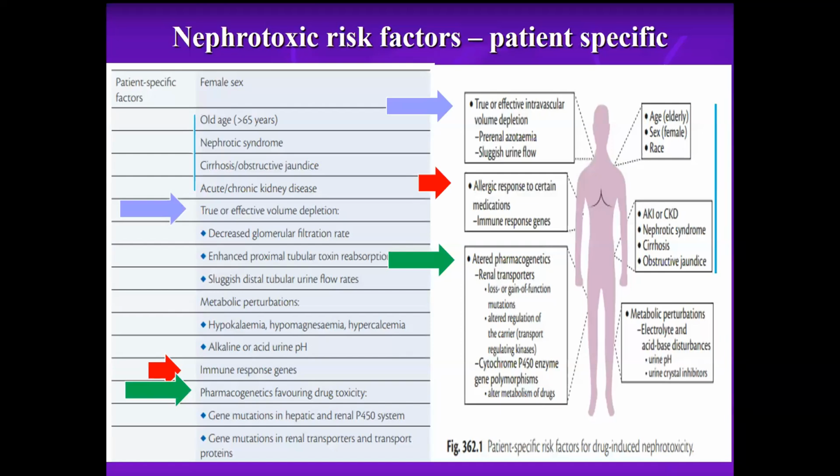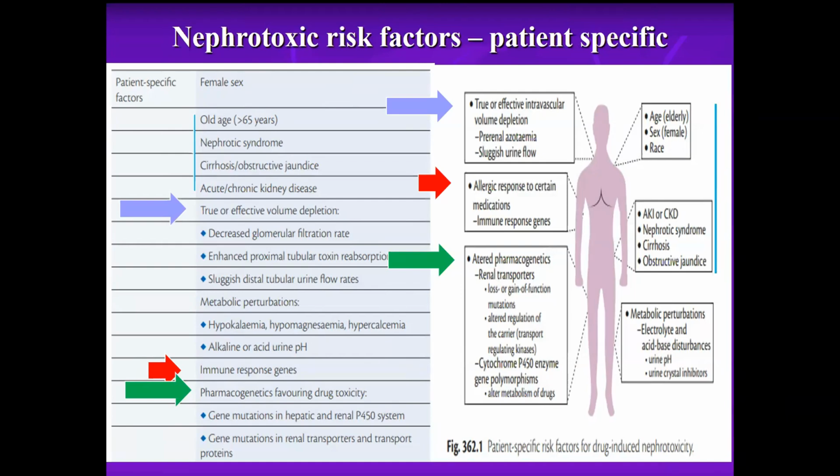Looking at nephrotoxic risk factors, patient-specific, it depends on true or effective volume depletion. Obviously, most of our patients are a bit on the dry side because they're in hospital and don't often get their fluids for various reasons.